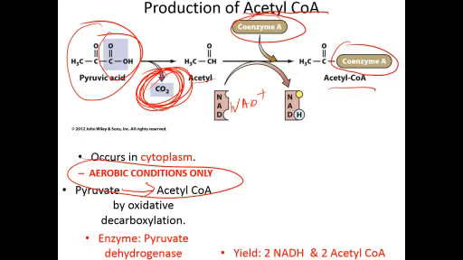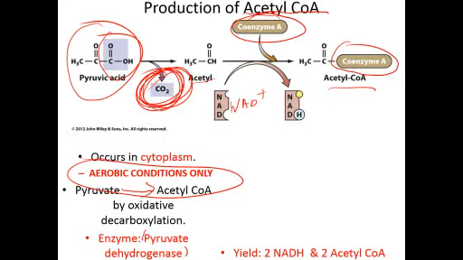So acetyl is going to be oxidized into acetyl-CoA, and NAD plus is reduced to NADH. Now this process of oxidation, this process of transferring electrons from acetyl to NAD plus, involves pyruvate dehydrogenase.